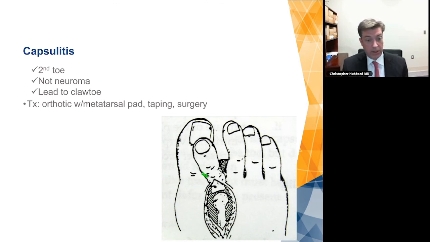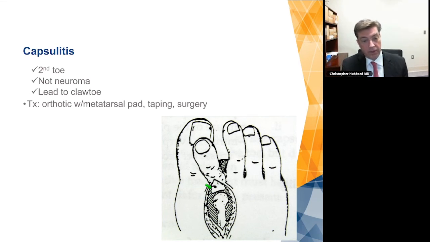Capsulitis refers to the metatarsophalangeal joint, which is really the claw toe joint. This can be a spectrum of deformity and pain, and can start as just a normal-appearing toe. It can sometimes be misdiagnosed as a neuroma, but what we call the Lachman test, which is trying to stabilize the toe and bend it up, stressing it, is quite painful if that joint is inflamed.